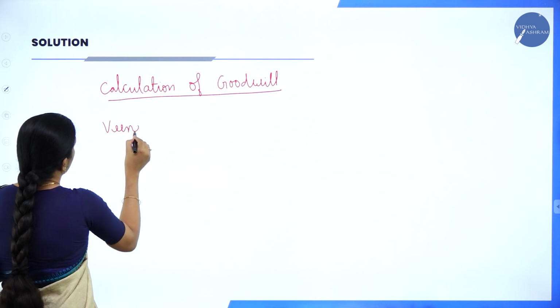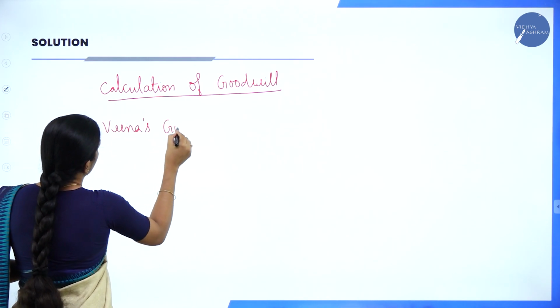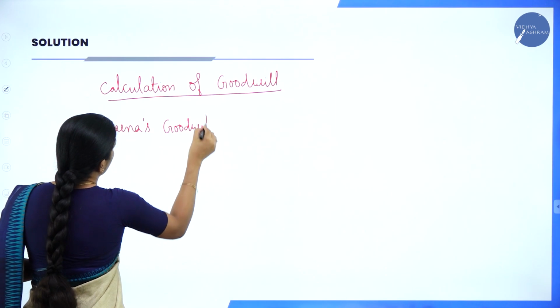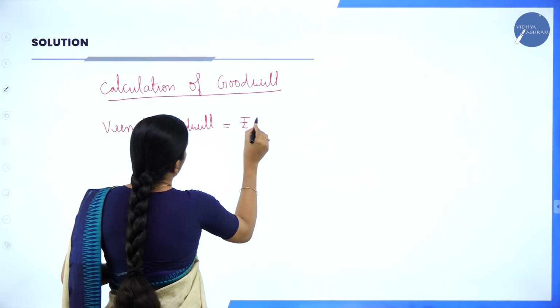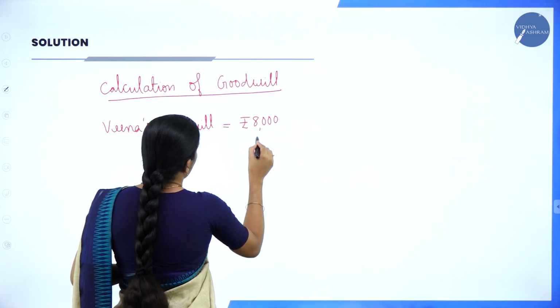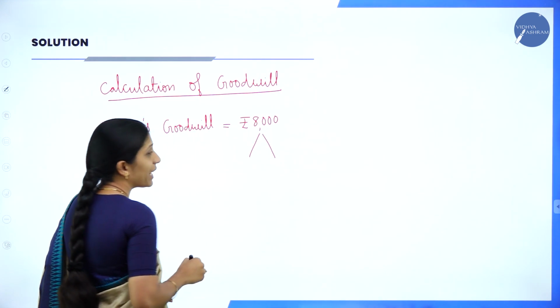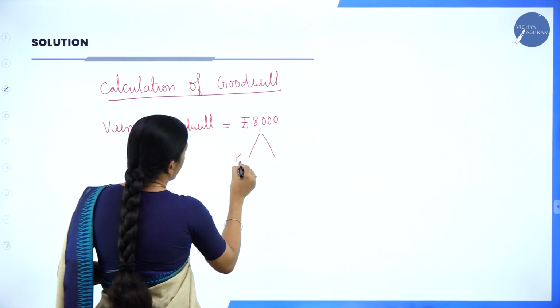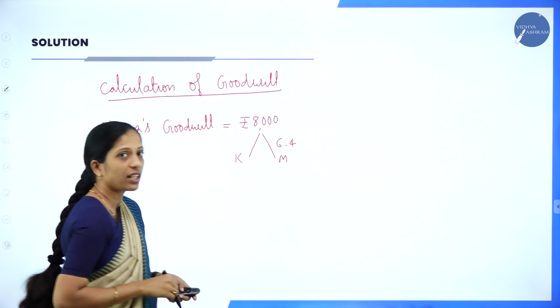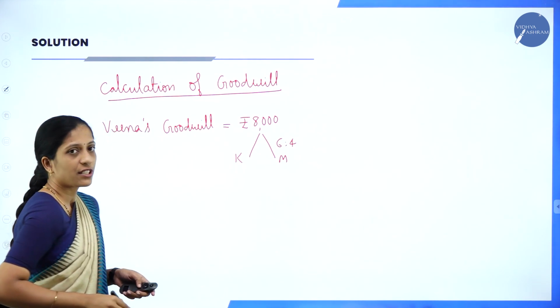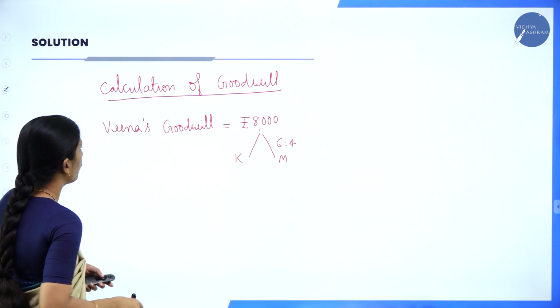Veena's goodwill. Veena's goodwill is equal to how much? 8,000 rupees. So this 8,000 has to be distributed among Krishna and Murthy. In which ratio? Sacrifice ratio, but they have not given a sacrifice ratio. So we will distribute in the old ratio, 6:4.